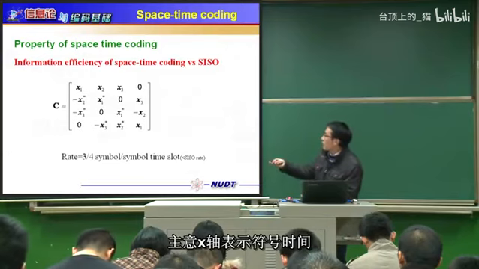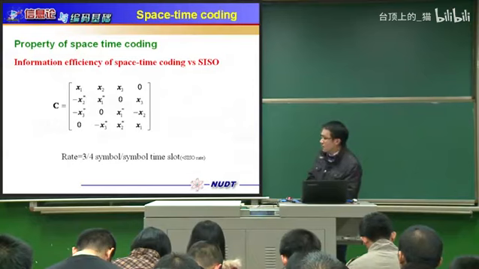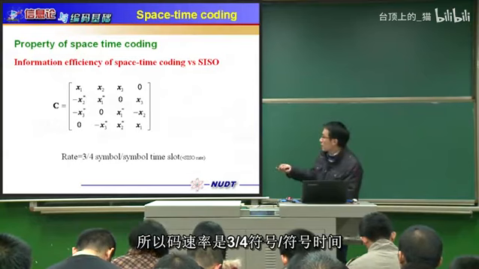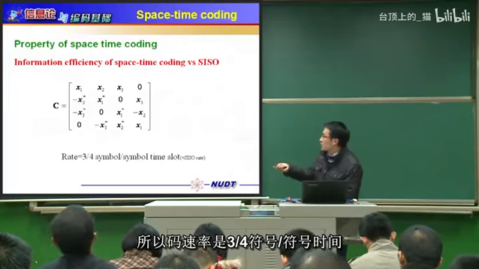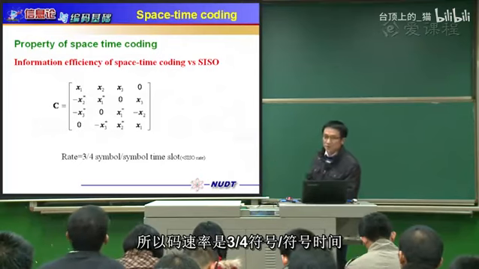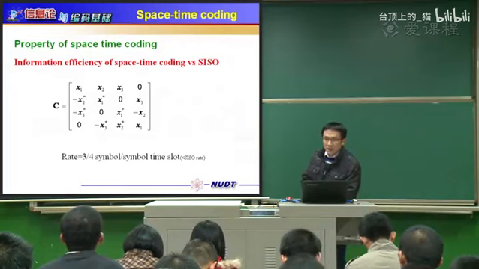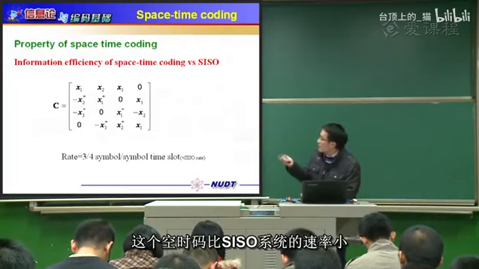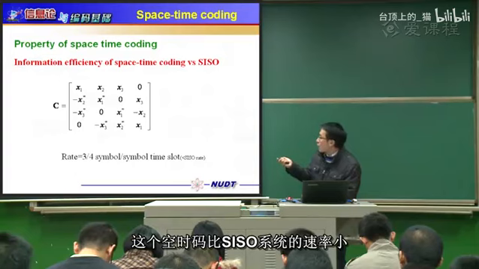There are 4 symbol time slots. So the rate is 3/4 symbol per symbol time slot. So such a code has a rate which is less than the single-antenna system.